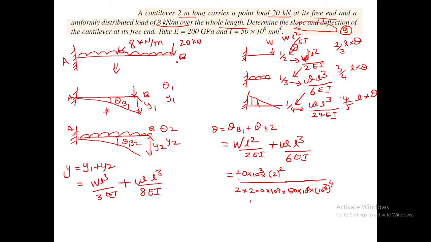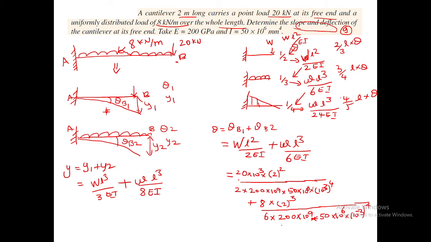Plus small w is 8, uniformly distributed, into L is 2, whole cube, divided by 6 into E, 200 into 10 power 9, into 50 into 10 power 6 into 10 power minus 3 power 4.